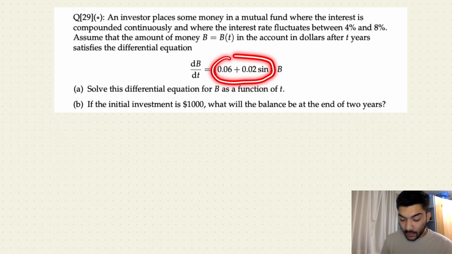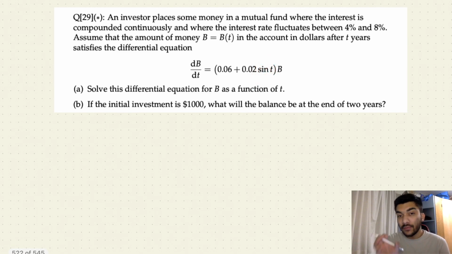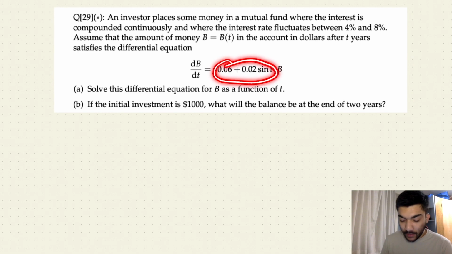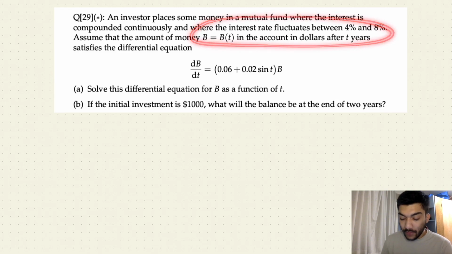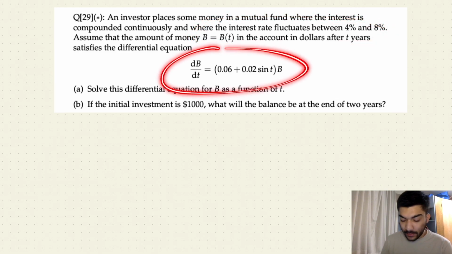So this expression lies between 0.04 if sine t is -1, and 0.08, which is 8%, if sine t is 1. So this expression fluctuates between 0.04 and 0.08, which is indeed 4% and 8%. So it makes sense that our interest rate fluctuates between 4% and 8% in this case.